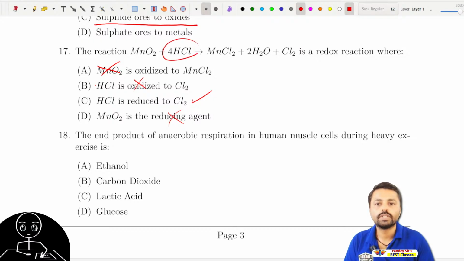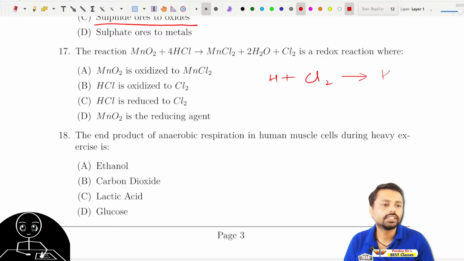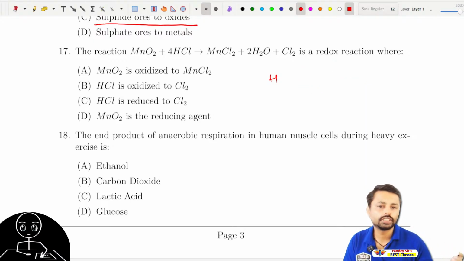Okay, because from HCl, wait. Hydrogen addition is reduction. If we add hydrogen to Cl2, then we get HCl. This is reduction of chlorine. But the opposite is oxidation.